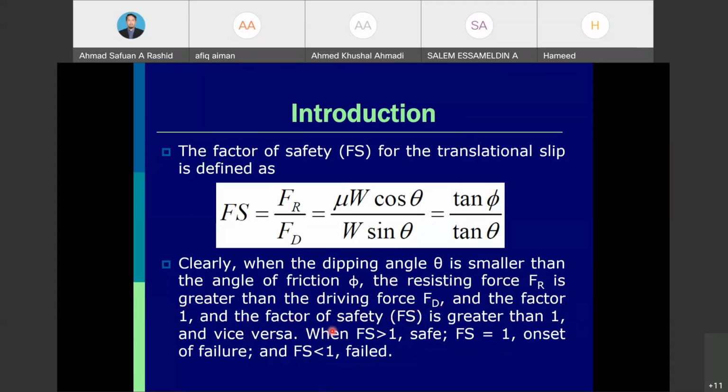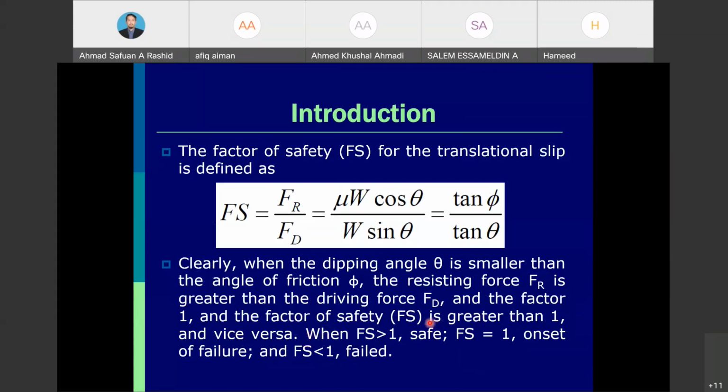When FS is more than 1, as we have discussed previously, it is under safe conditions, whereby 1.5 is the factor of safety that we should use for a man-made slope, while 1.2 to 1.4 is the factor of safety that we should use for a natural slope.